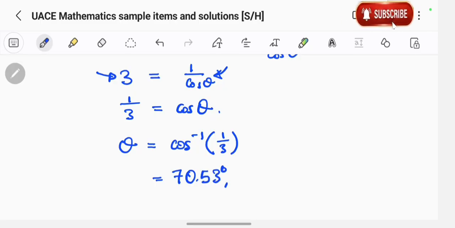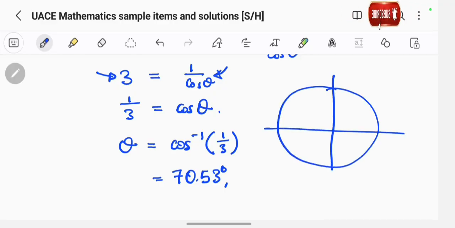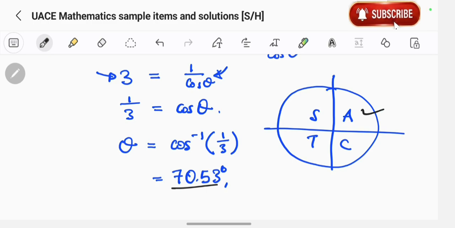70.53 degrees. But we very well know that when you try to sketch how these angles are behaving, all students take chemistry. This 70 lies within this region. Then we have to look for another angle that satisfies this cos. Cos is positive within that region, which is going to be 360 minus theta.